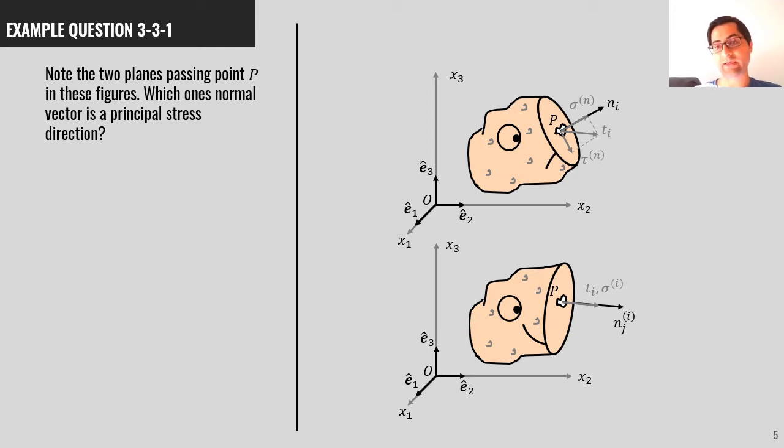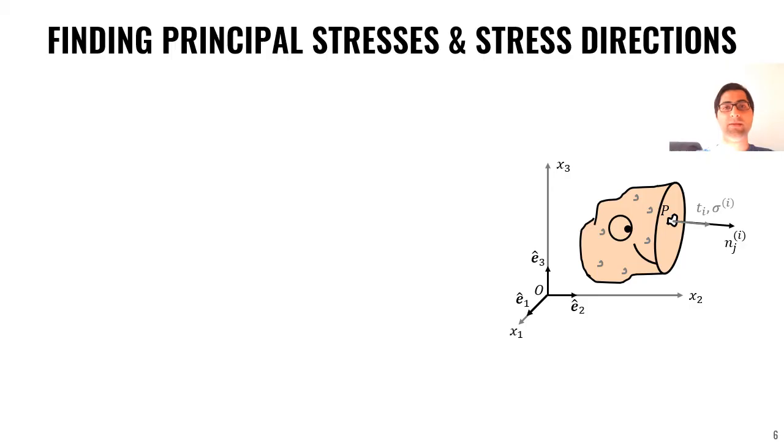So basically, in the second case, we have a principal stress direction N, and this plane is a principal stress plane. This is how we find the principal stresses and stress directions.